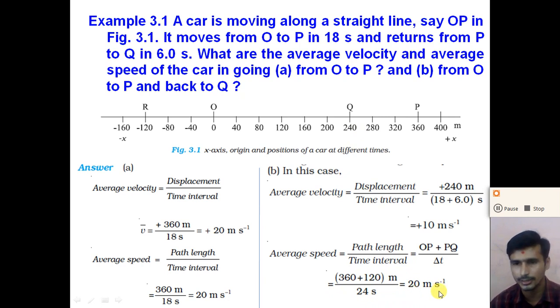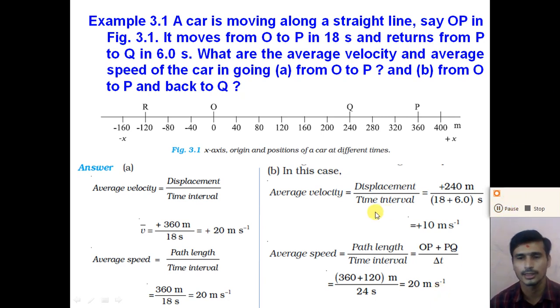So in this case, the average velocity and the average speed are not the same. One more point: the average speed is always greater than or equal to the magnitude of the average velocity. So, dear student, you now understand what we mean by average velocity and average speed, and how we can calculate them.